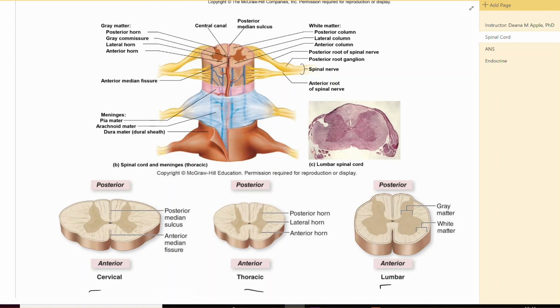The entirety of the spinal cord is enveloped in the same membrane that the brain is enveloped in. It's a continuous membrane. What do we call that? It's a 3-layered membrane. Pia is one of the 3 layers.